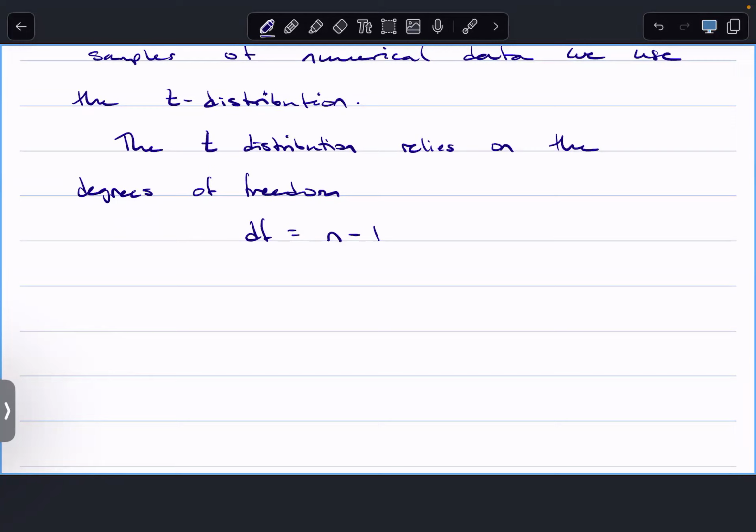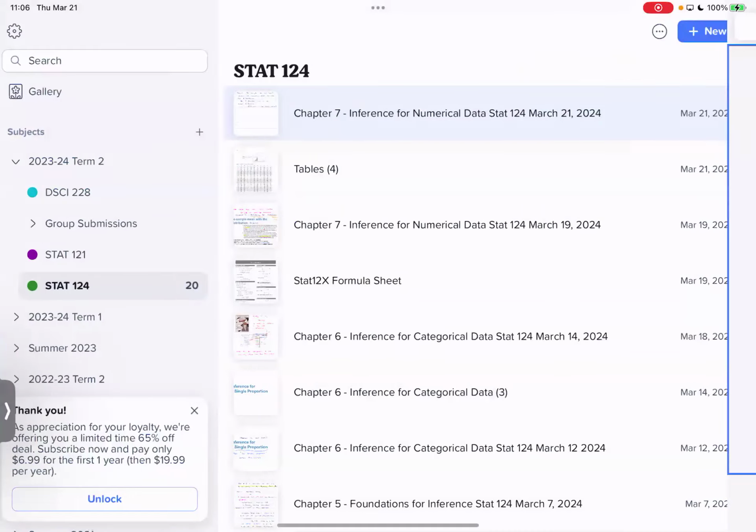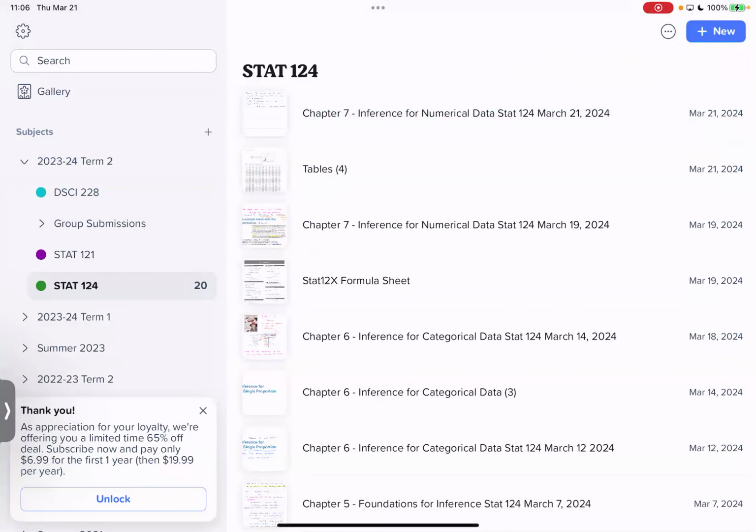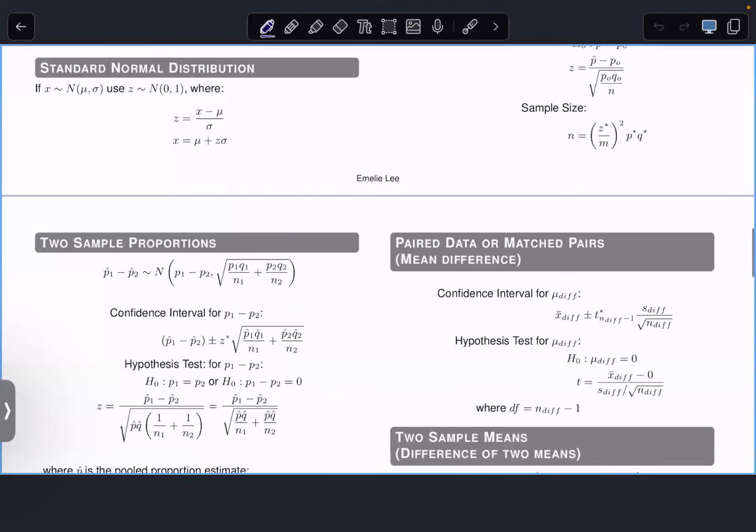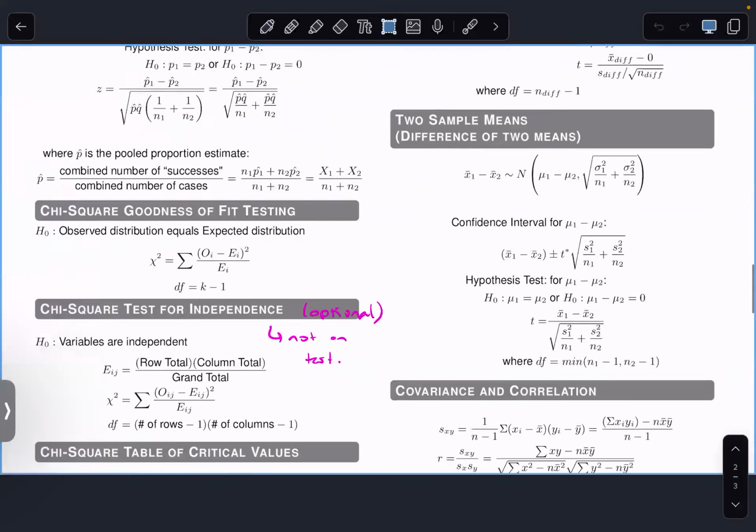That's for one sample mean. Now that's on your formula sheet, right? This is for one sample mean. And so if you've decided that you have a one sample mean type of question, then that's your degrees of freedom. But of course, it's on your formula sheet. Let's see, where's our formula sheet? Here.